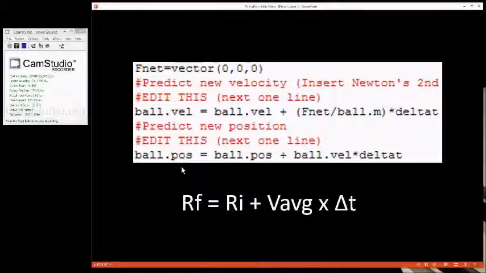Here we can reaffirm that fnet equals 0 in the code up at the top, and ball.vel equals ball.vel plus fnet divided by ball.m times delta t, which is Newton's second law in code format. Ball.pos equals ball.pos plus ball.vel times delta t is the position equation. As you can see, there it is at the bottom in regular writing.